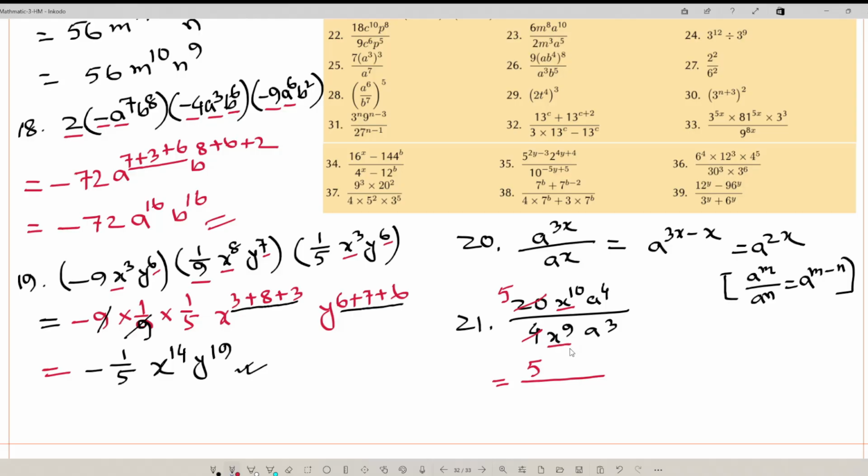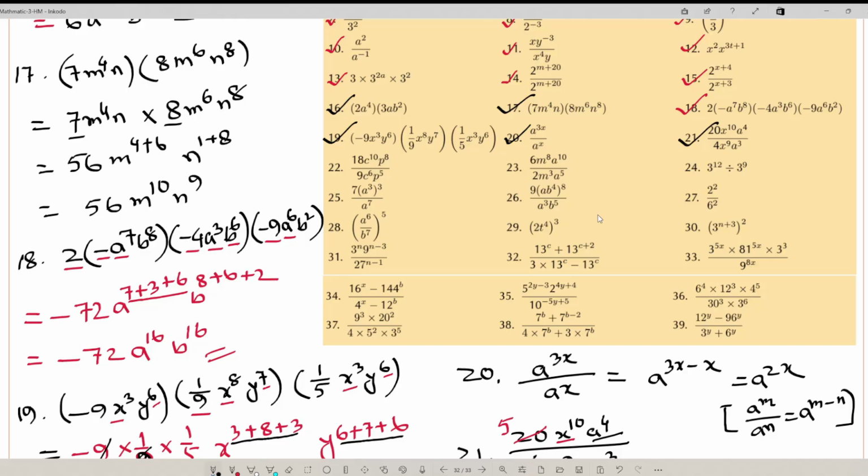So which one is larger? 10 is larger. In this case we can write x to the power 10 minus 9, right? And here a to the power 4 divide a to the power 3. This one is also larger than 3, so 4 minus 3. In this case, no need for a denominator. So the answer is 5x, because 10 minus 9 means x, and a. This is our answer. So number 21 done.